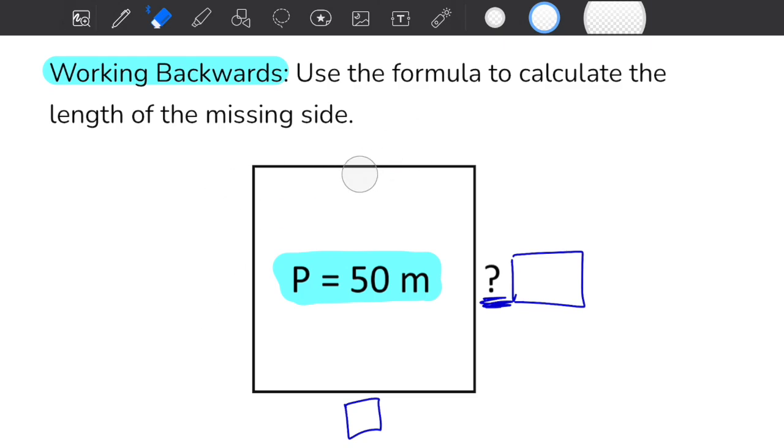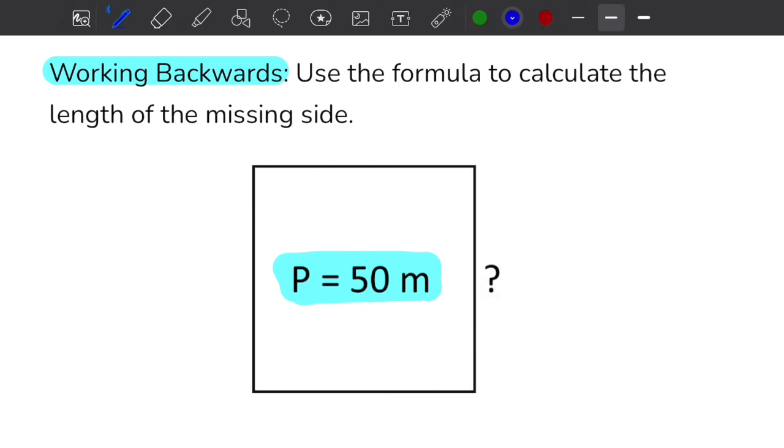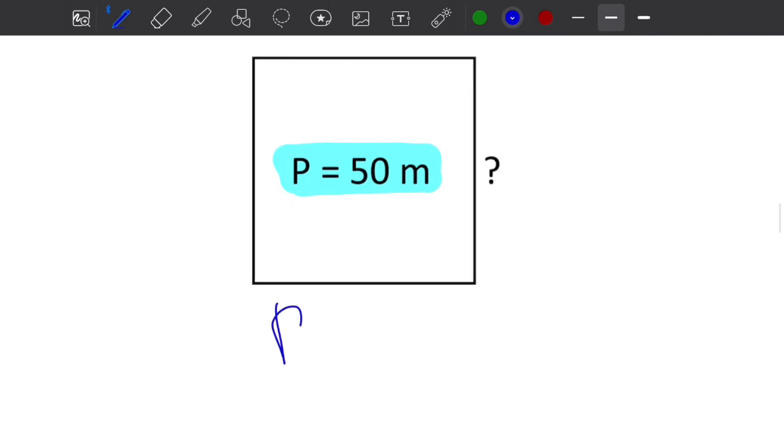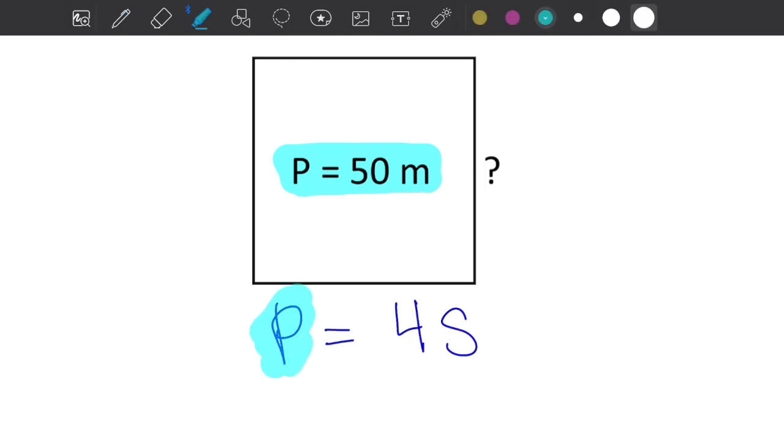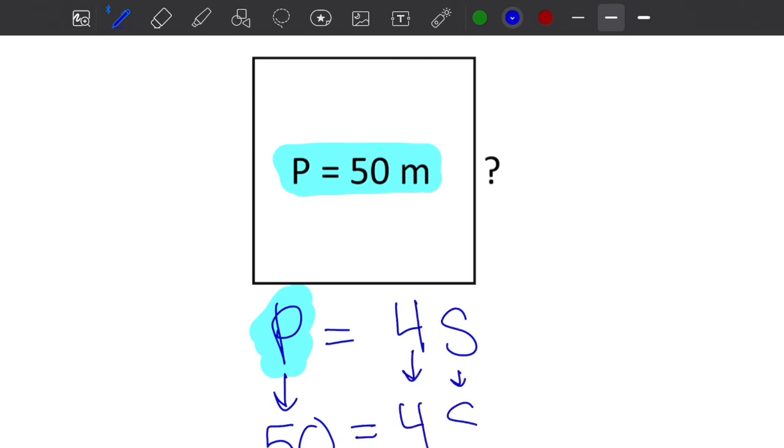So what we're going to do first is write our formula: the perimeter is equal to 4 times side. We know the perimeter is 50, so I'm going to write 50 over here. The equal sign comes down, the 4 comes down, the S comes down.